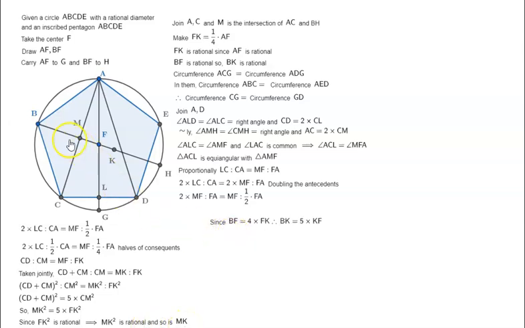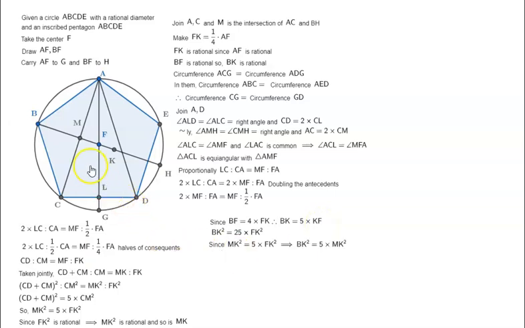Now, since AF is equal to BF, and AF is equal to 4 times FK, BF is also equal to 4 times FK. So BK is 5 times KF. We again take the square. BK squared is equal to 25 times FK squared.